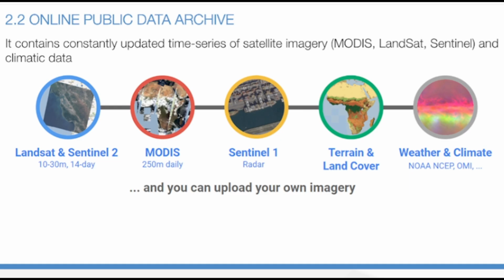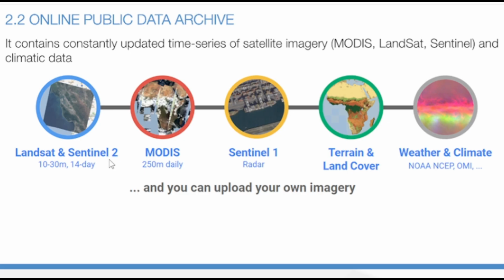Online public data archives are many. Some of them are MODIS, satellite data, Landsat, Sentinel, and climate data. So you can use more than this; these are some of the data in the archive. In the case of Landsat, you can use Landsat 4 to Landsat 9 as currently available, and for Sentinel, not only Sentinel 1, but there are many Sentinels.